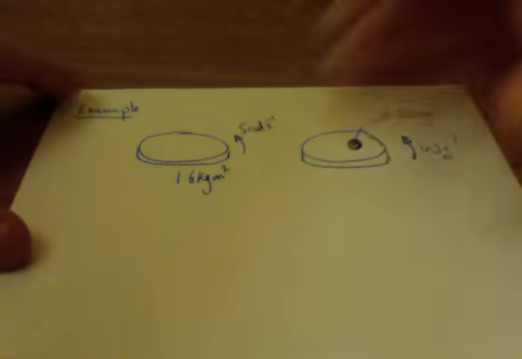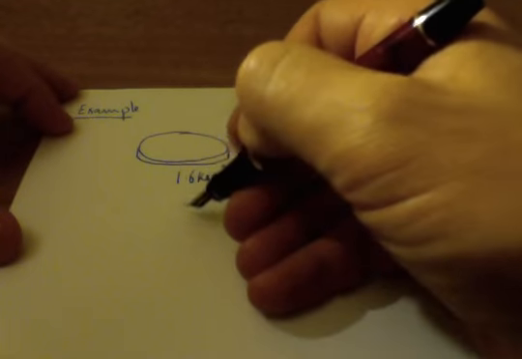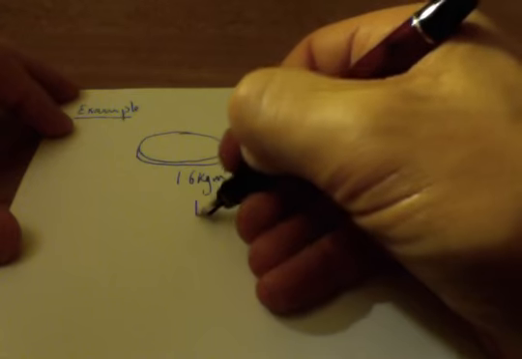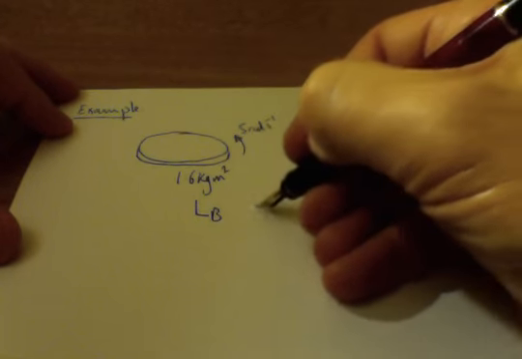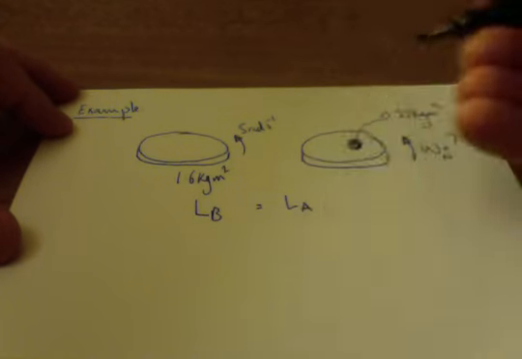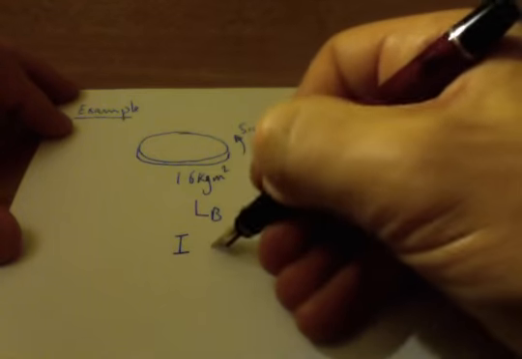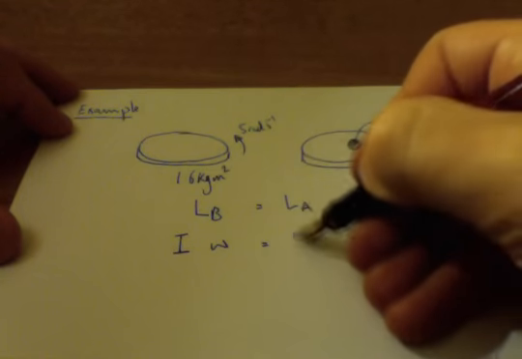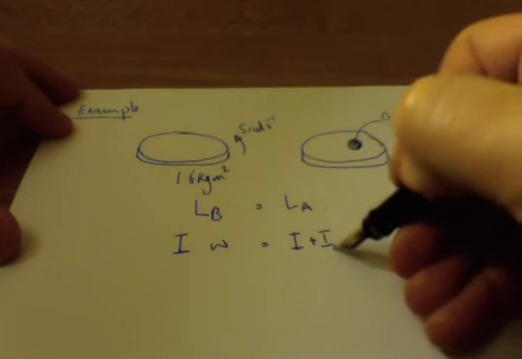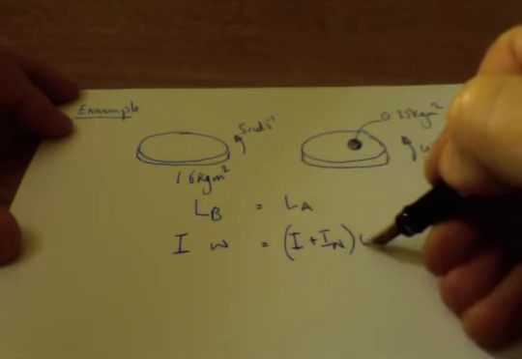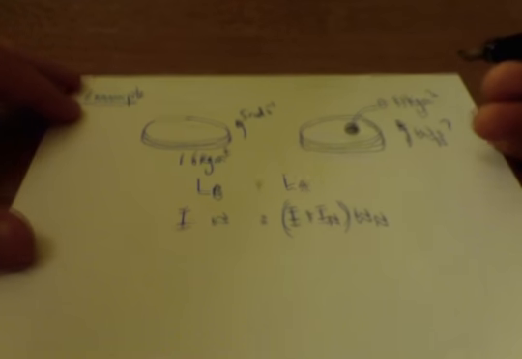Okay, I think we're going to take the equation from the previous one. The angular momentum before must equal the angular momentum afterwards. That means I omega must be I plus the new bit multiplied by a new speed.